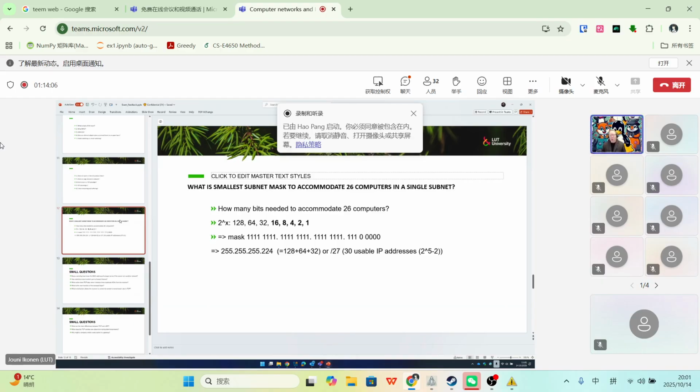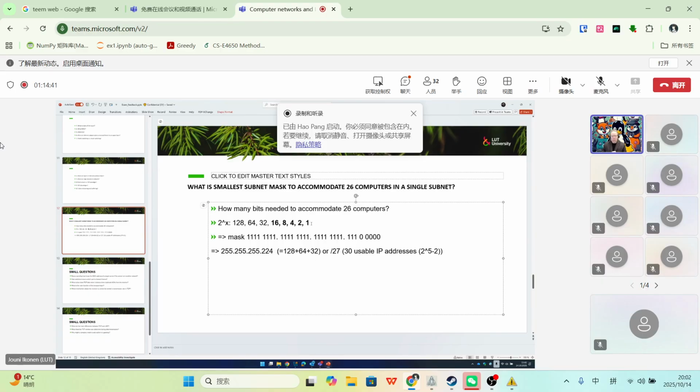Okay, then we had a question about what is the smallest subnet mask to accommodate 26 computers in a single subnet. So the question is basically how many bits do we have to borrow from the end so we can have 26 computers. I typically calculate together that 2 to the 0 is 1, 2 to the first power is 2, to the second power is 4, and so on.